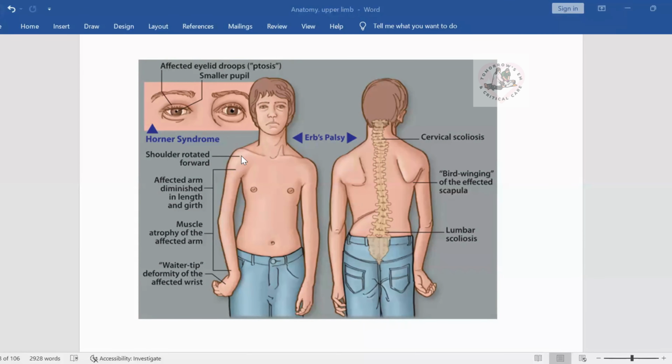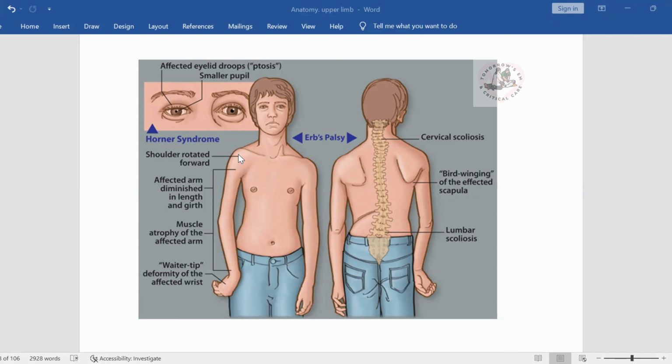Affected shoulder rotated forward, affected arm diminished in length and girth, muscle atrophied. The hand points backwards, that means pronated. The arm is a little bit shorter in comparison with the normal arm. Shoulder is rotated forward. So again, in case of Erb's palsy, the pathology is C5 or C6 root or trunk. Clear? Okay.